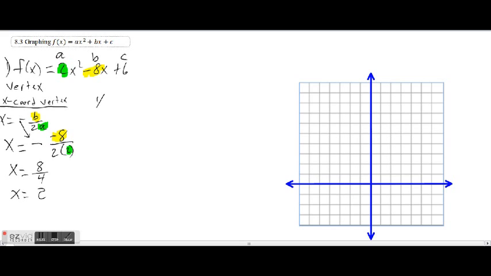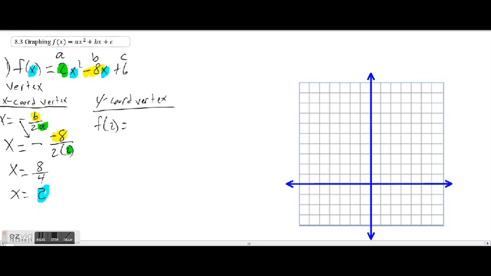Now, to find the y-coordinate of the vertex, all we're going to do is take this answer and plug it in everywhere we see x in our original equation. Let's go to it.